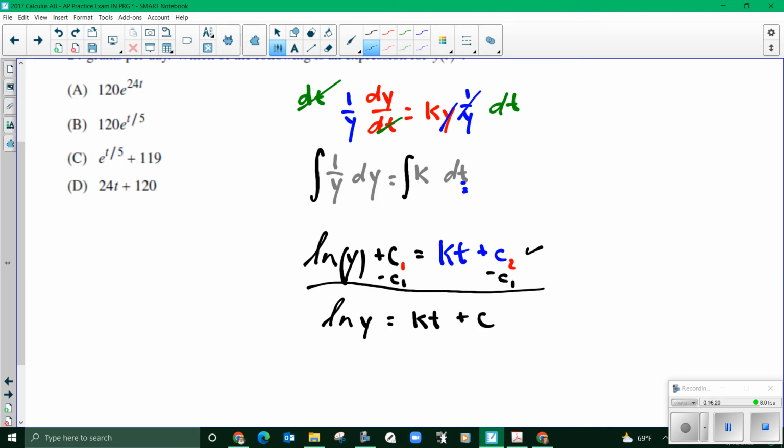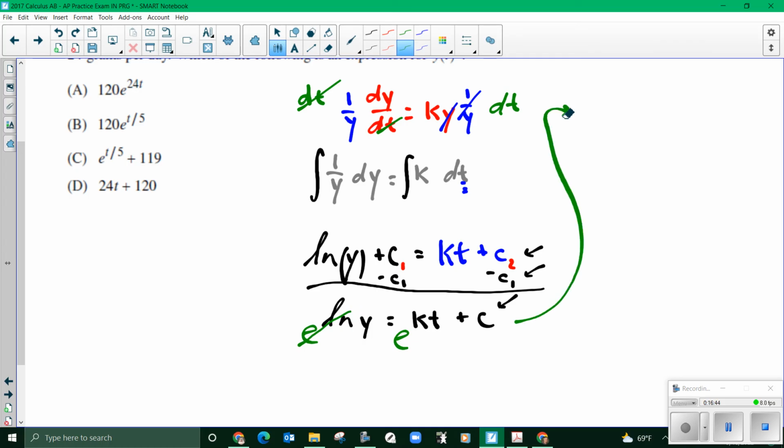If I have one constant and I combine it with another constant, I will end up with a constant. Now, I still need to get that y alone. So I'm going to apply a base of e to both sides. e and ln cancel.